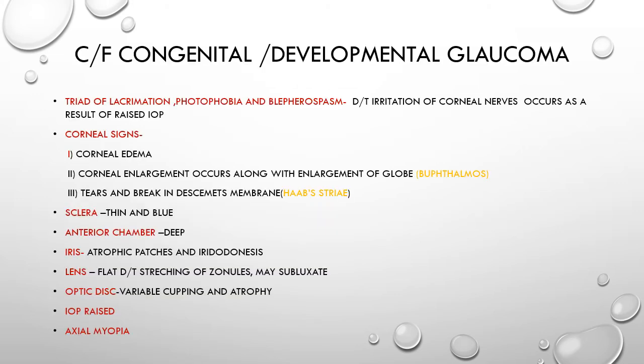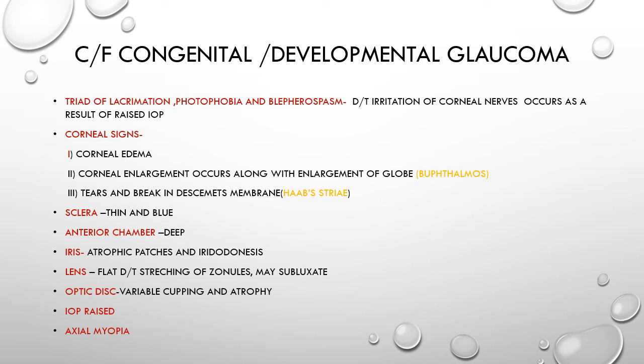So what are the clinical features of this glaucoma? As the child is born with very big eyes, along with that, what happens, raised intraocular pressure in kids, it's very stretchable in the initial phase as the eyeball is growing. So along with the other structures, the sclera is also stretched, the cornea also becomes large.